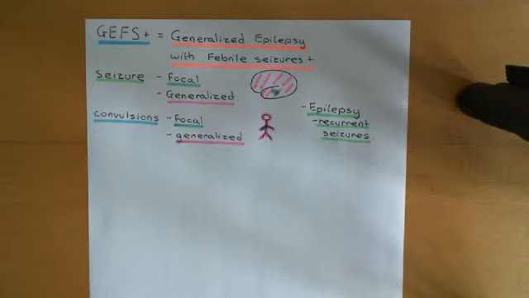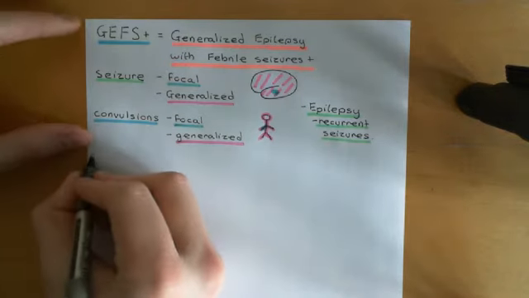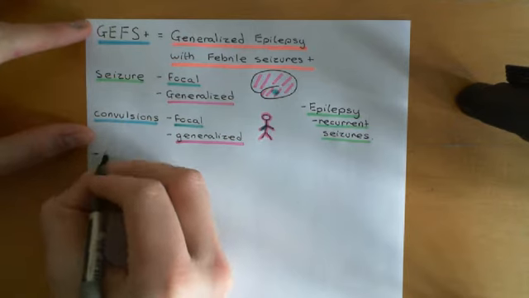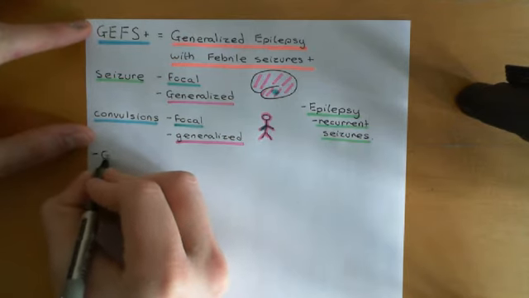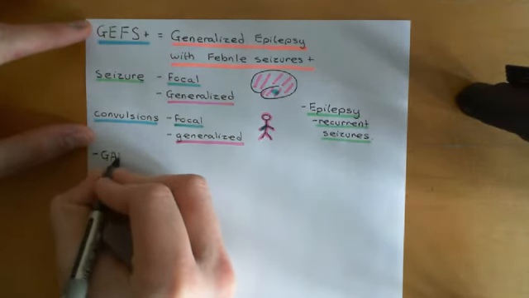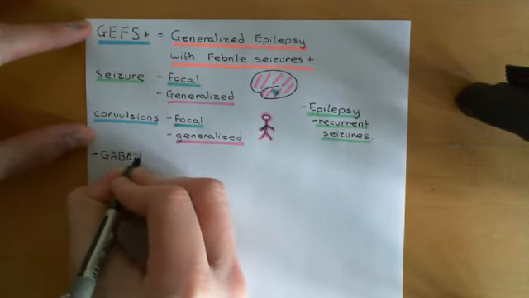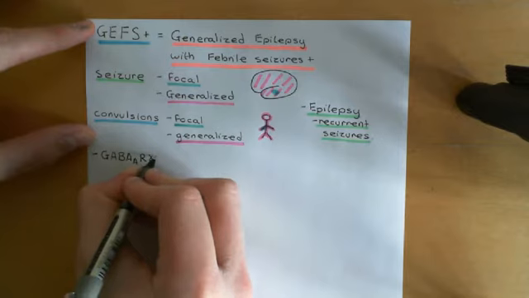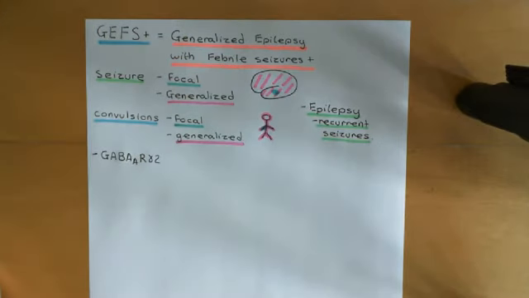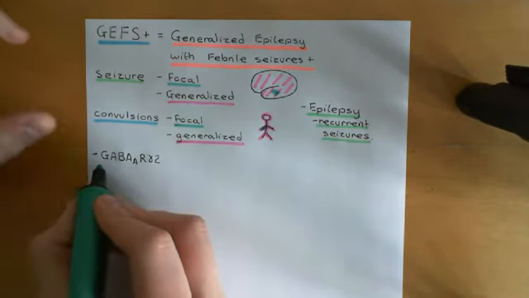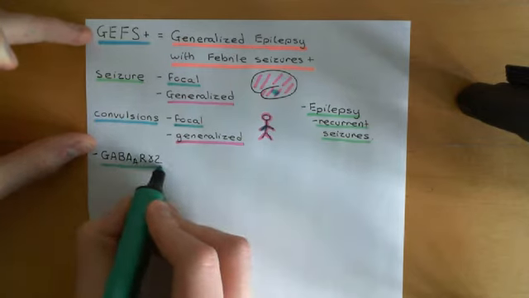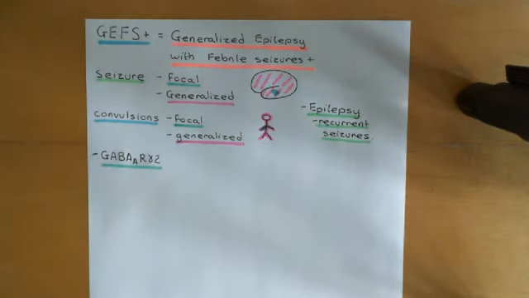We are specifically interested in the cases where a mutation in the GABA A receptor gamma 2 subunit is causing it. So we're now going to talk about what sort of mutations can occur in this GABA A receptor gamma 2 subunit.